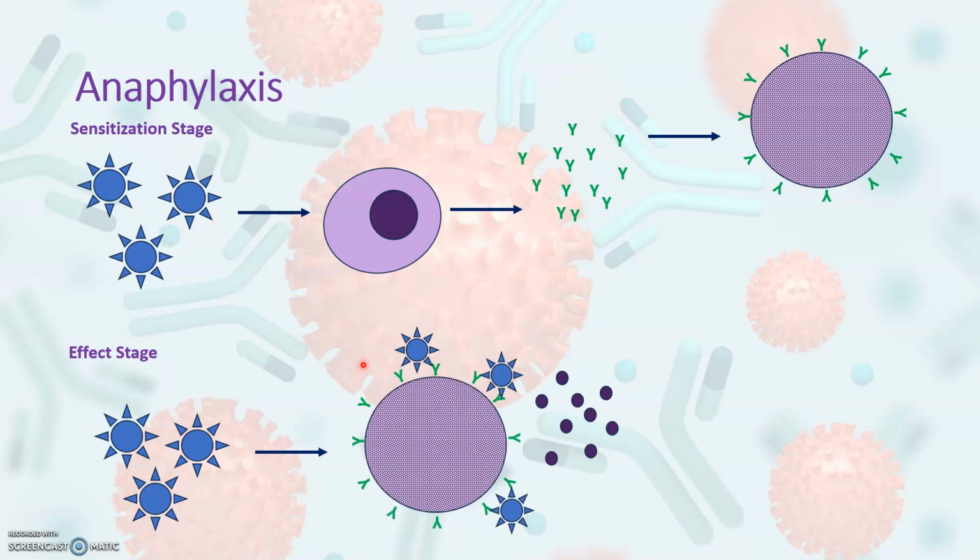In this situation, the primed mast cells with their specific IgE antibodies on the surface are already in circulation, and when the antigens bind to these mast cell bound antibodies and cross-link them, this leads to mast cell degranulation and release of inflammatory mediators, which then produces vasodilation and increased capillary permeability.